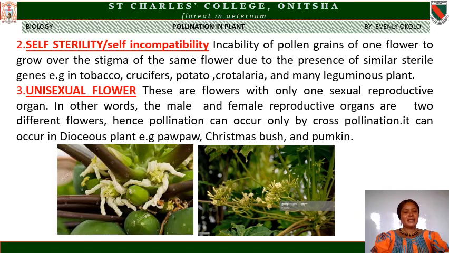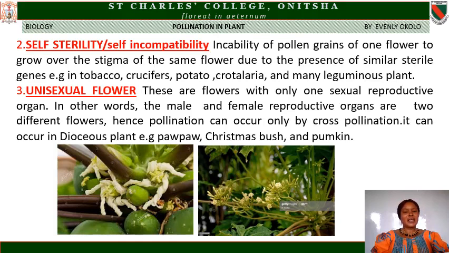Then number 3, which is the last one, is unisexual flower. These are flowers with only one sexual reproductive organ. In other words, the male and female reproductive organs are in 2 different flowers. Hence, pollination can occur only by cross-pollination.